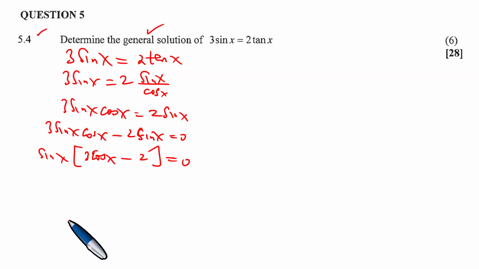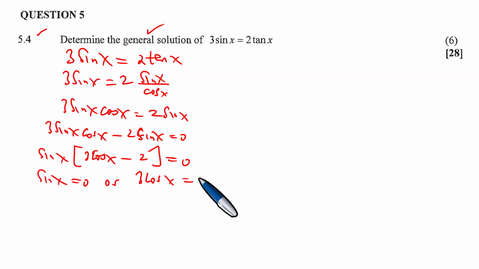So we have sine x equals 0, or 3 cosine x equals 2.